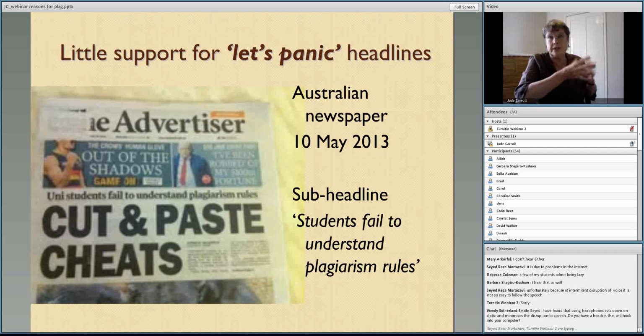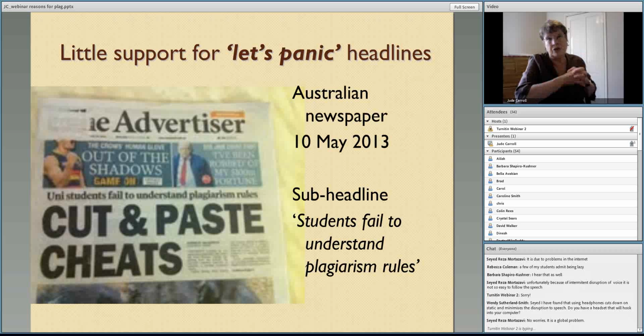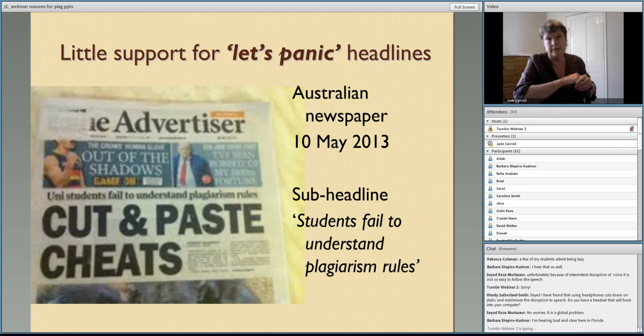Now, it's interesting that the subhead says, "Students fail to understand plagiarism rules," but the great big headline says, "Cut and paste cheats." Now, this kind of panicking is an example of journalists trying to make a hot story and trying to get us to really worry about how much really deliberate, serious cheating goes on.